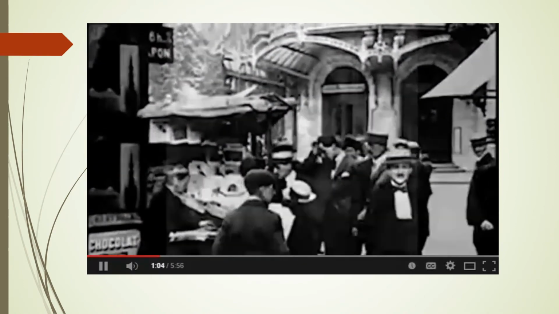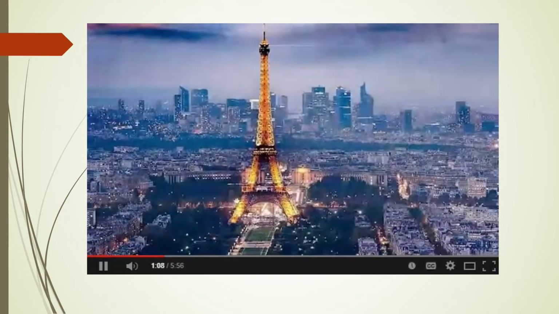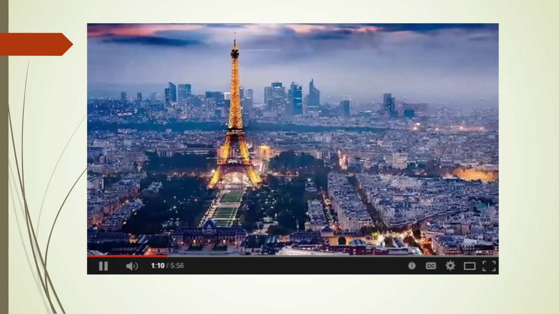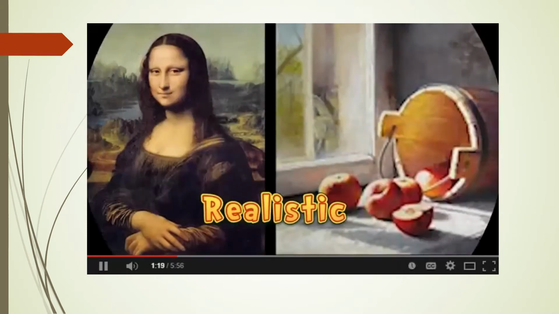Paris, France is where the artist Pablo Picasso worked on many of his masterpieces. Picasso is famous for his paintings. Today we are looking at abstract art. Do you know what that is? Realistic art is what looks like the things that we see in the real world, just like looking through a window or at a photograph.